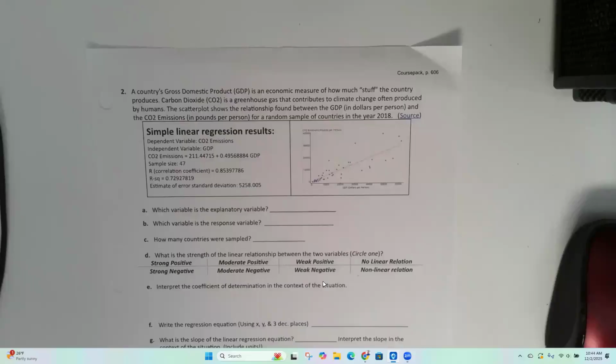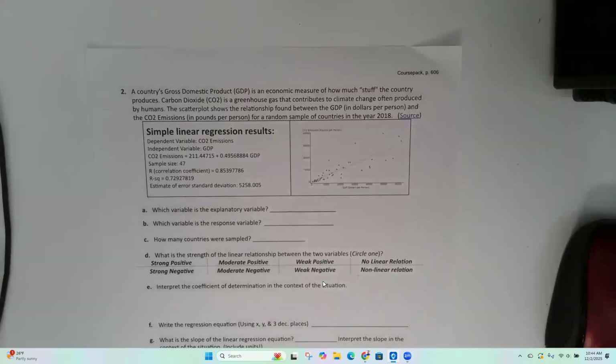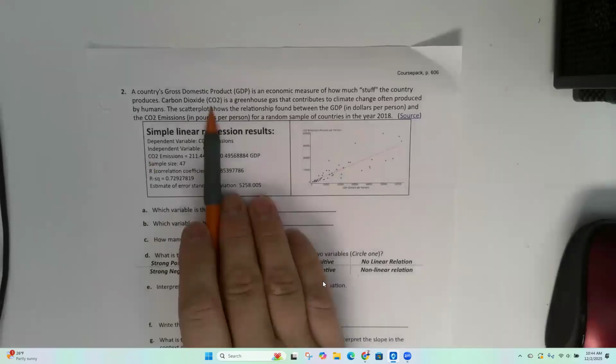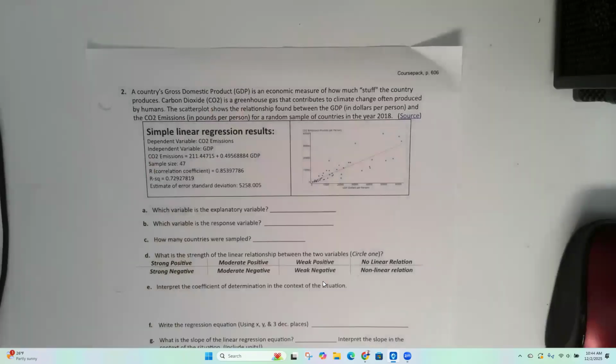It's just, when you produce something, you could sell it, how much is it worth? That's how GDP works. Carbon dioxide, CO2, is a greenhouse gas that contributes to climate change, often produced by humans. The scatter plot here shows the relationship between GDP in dollars per person and the CO2 emissions in pounds per person for a random sample of countries in the year 2018.